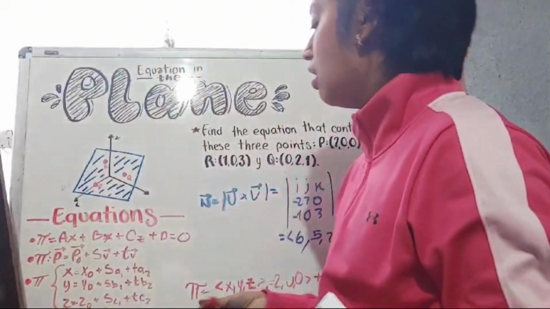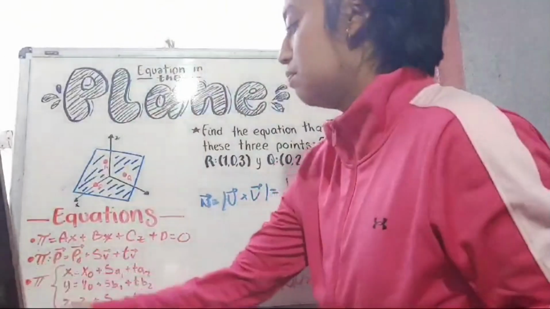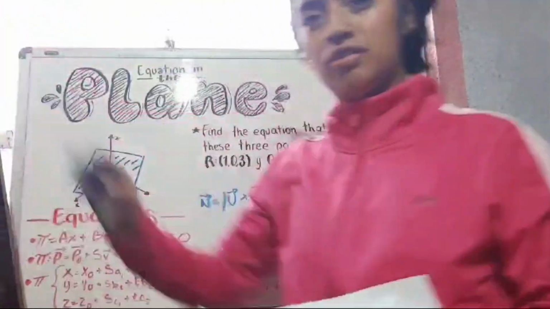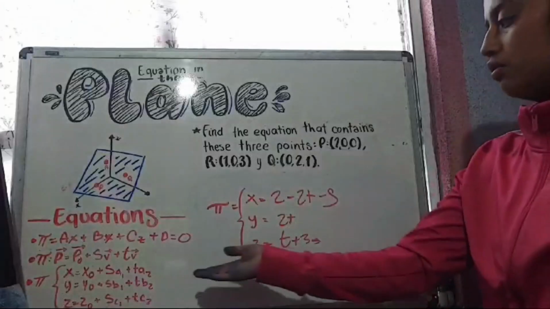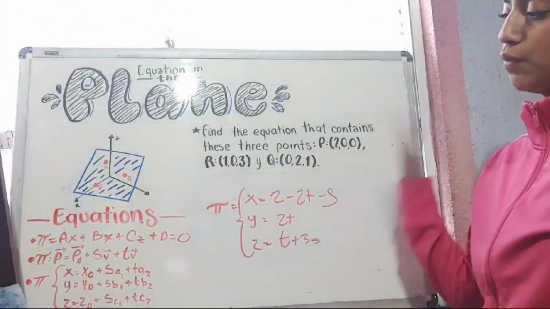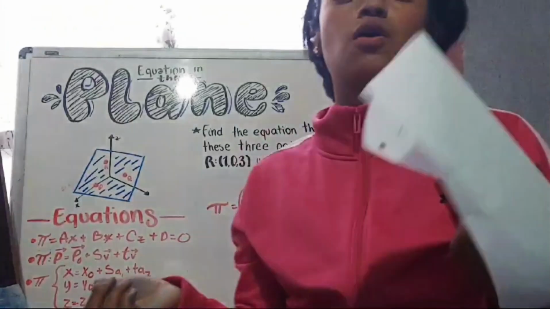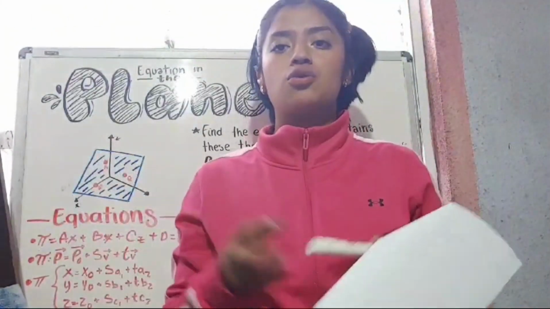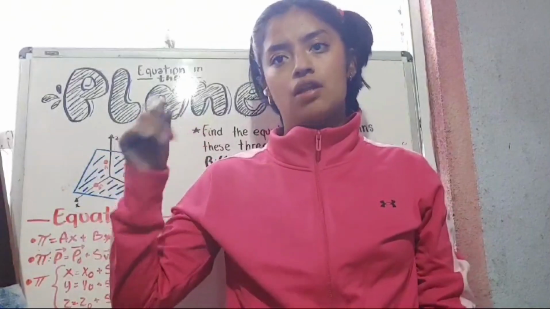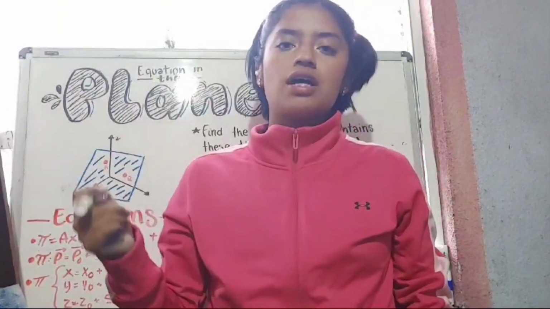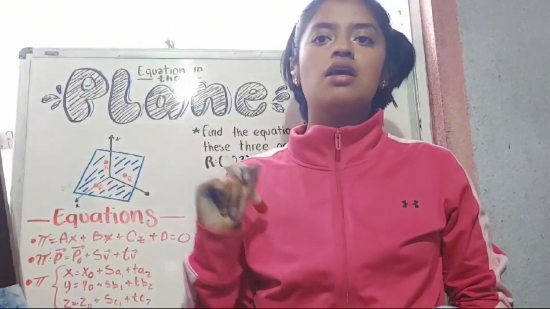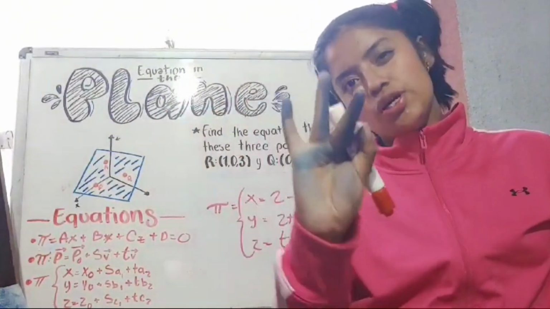This is the parametric equation. Then, with the data we have left over, we fill out the last equation and clear D to find its value and finish with the general equation.